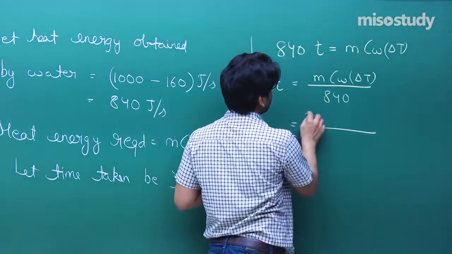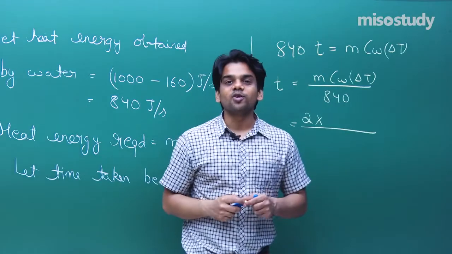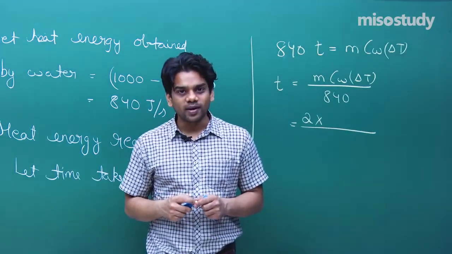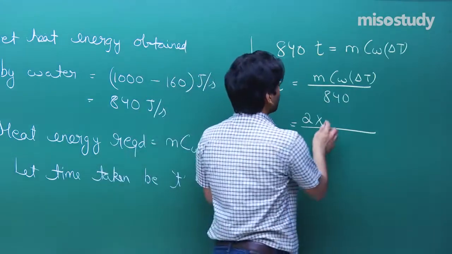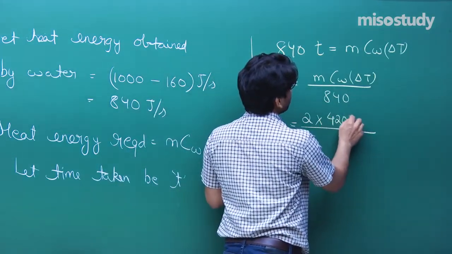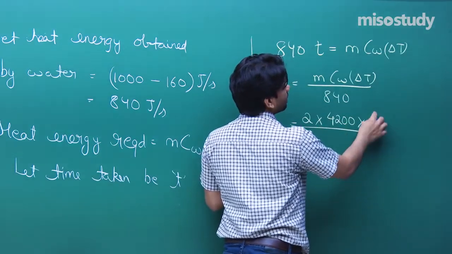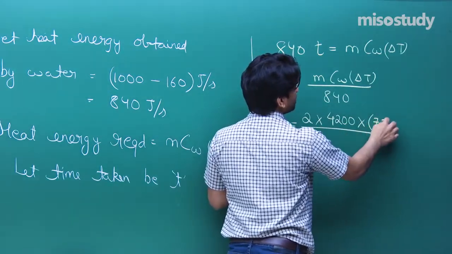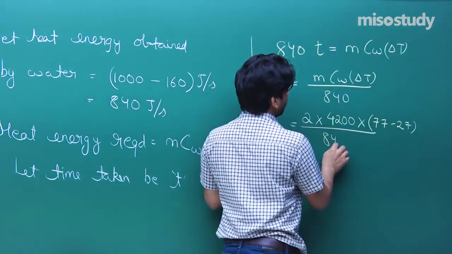Mass you can use as 2 kg. Cw, the specific heat capacity of water, we know that it's 4200 joule per kg per degree Celsius. So 4200 joule per kg per degree Celsius, 2 kg is the water, multiplied by the difference in temperature, that is 77 minus 27, divided by 840.